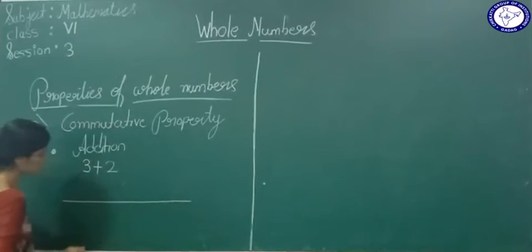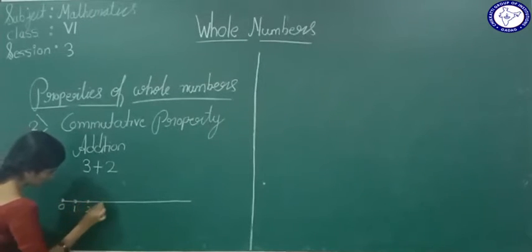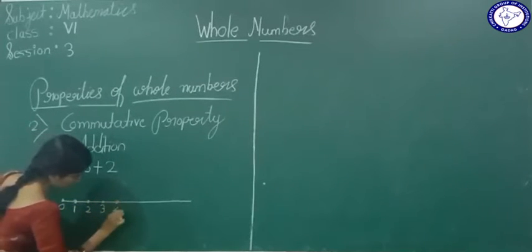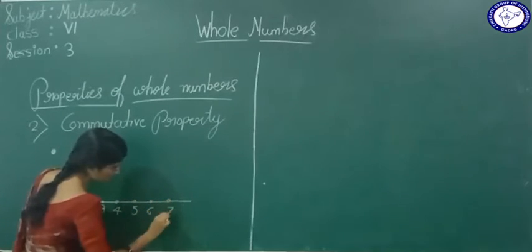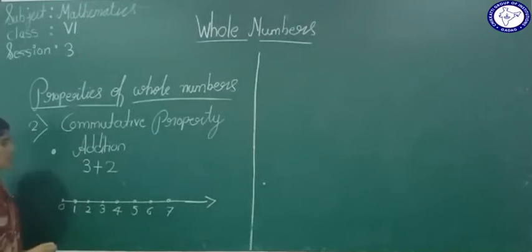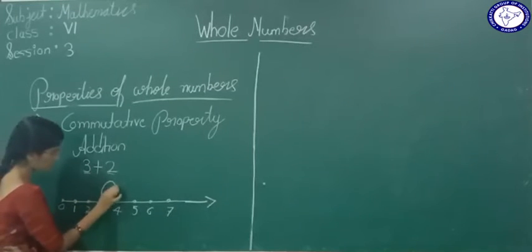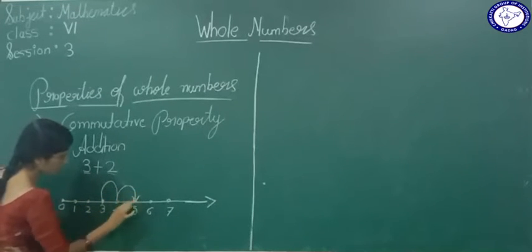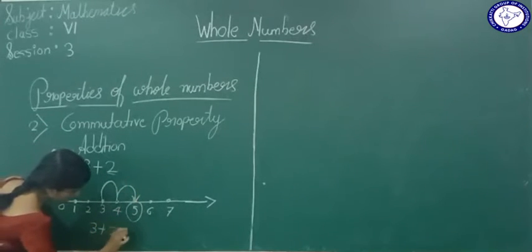Everybody knows how to draw a number line, yes or no? Now see here, 3 plus 2. 3 is here. How many jumps? I have to make 2 jumps. 1, 2. The answer is 5. 3 plus 2 is equal to 5.